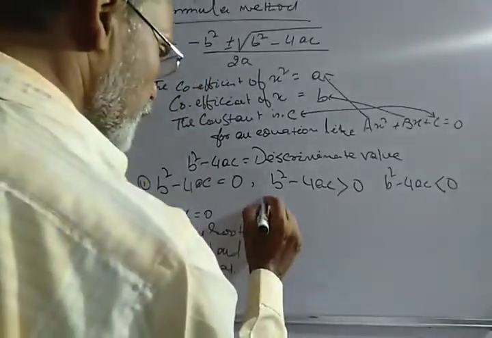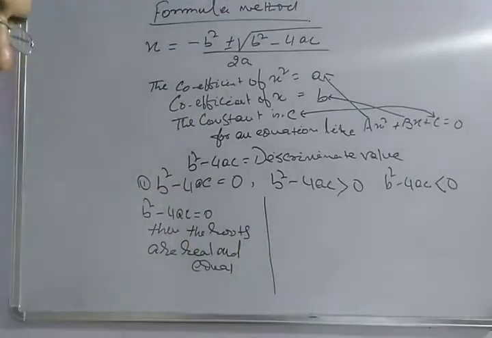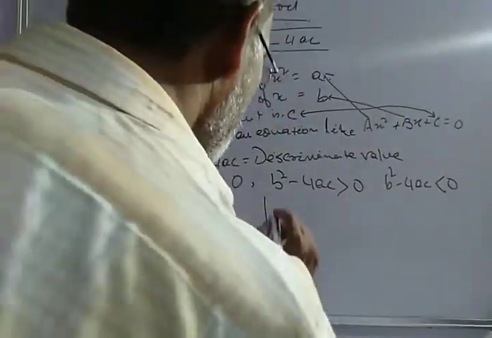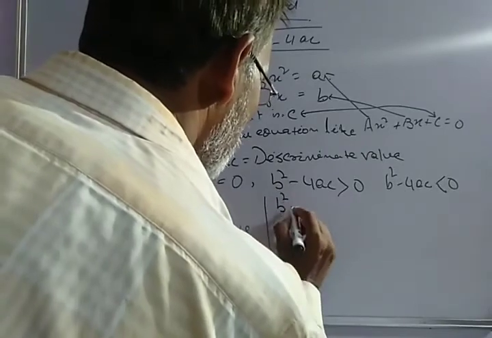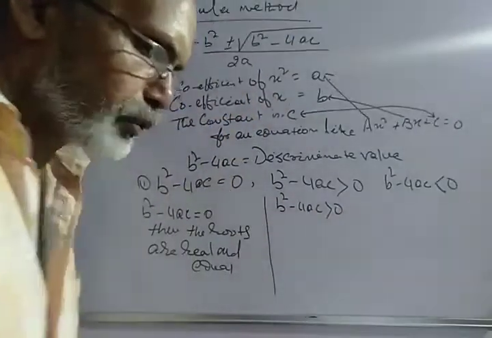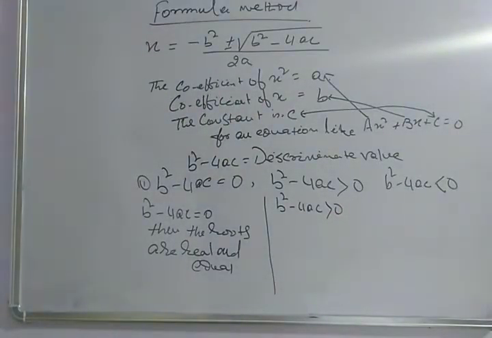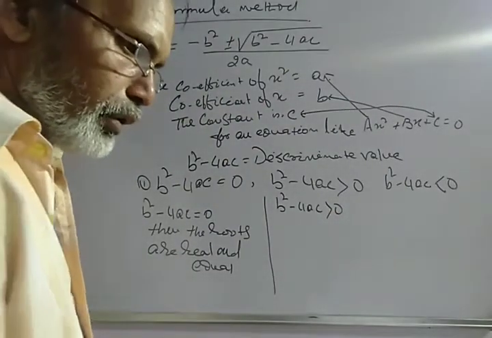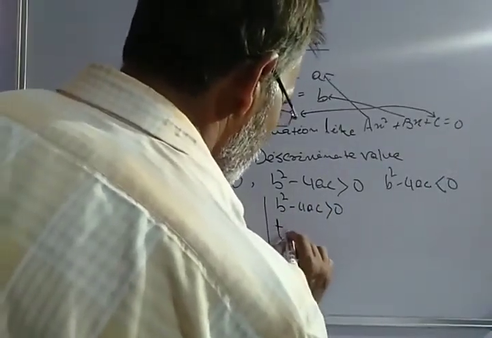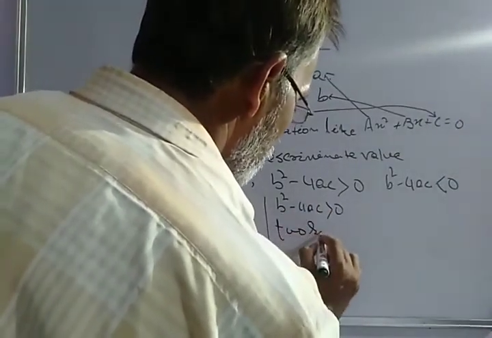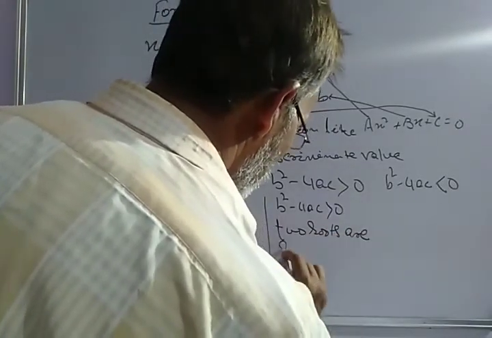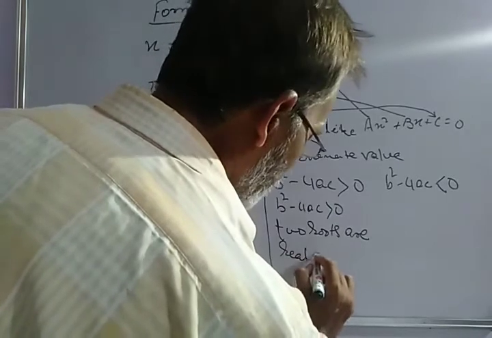In the next case, if b square minus 4ac is greater than 0, the two roots are real and distinct.